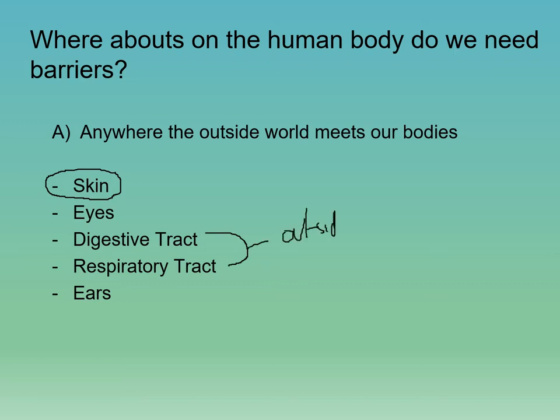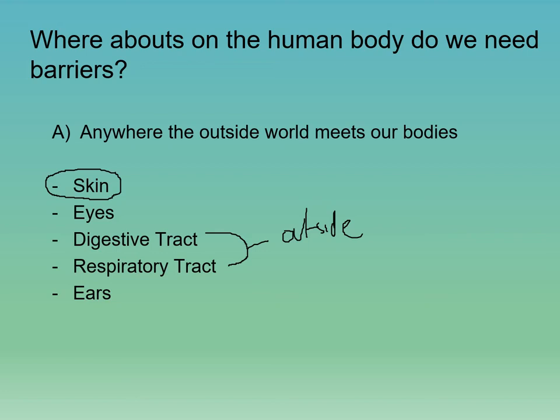It's a gross thing to think about, but if you take a deep breath in, the space that goes down your trachea and your bronchioles and fills the lungs is actually the outside world. There's no barrier between the atmosphere when you breathe in and filling the lungs, and so there have to be barriers, physical and chemical properties of that lining of the tubes, that can protect against pathogens.